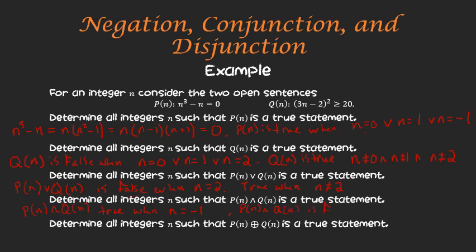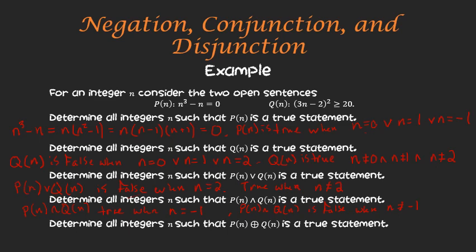to be false. So notice that P of n and Q of n is false when n is not equal to -1. So P of n or Q of n is true so long as n is not equal to 2, and P of n and Q of n is false when n is not equal to -1. We need both of those things to happen for the XOR to be true.